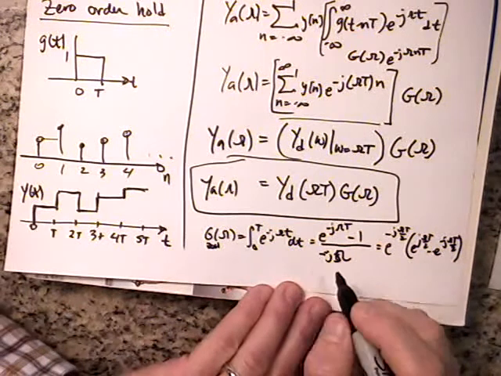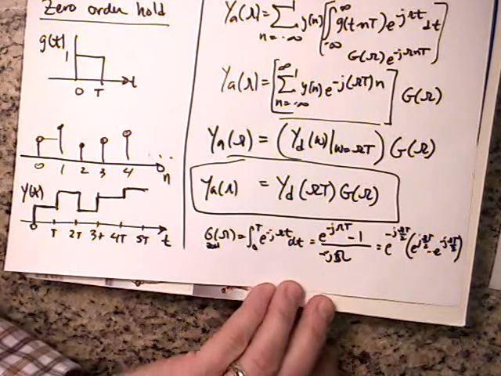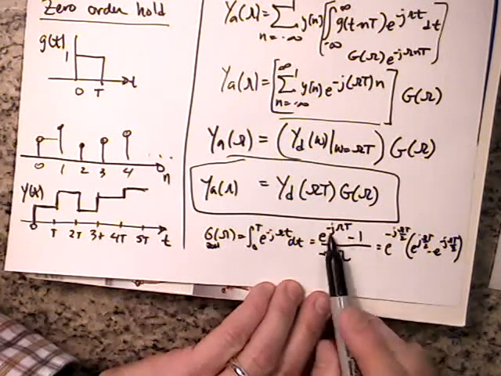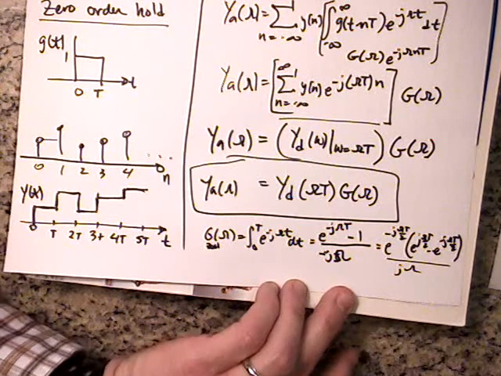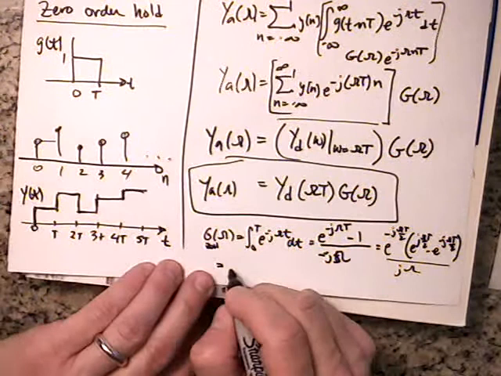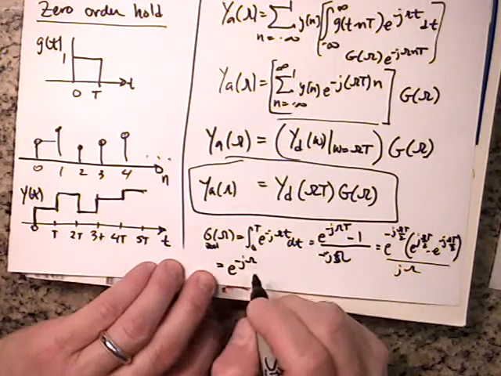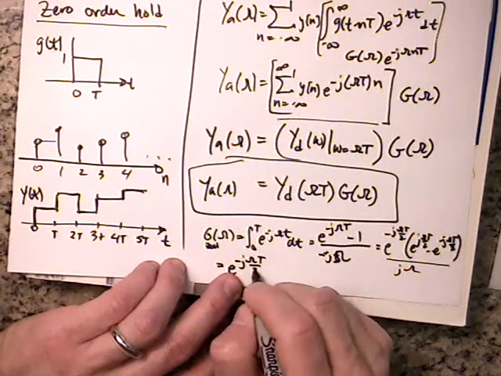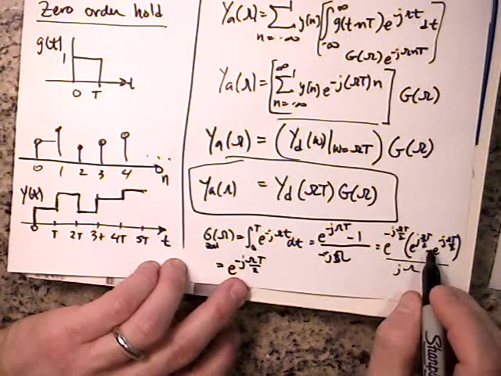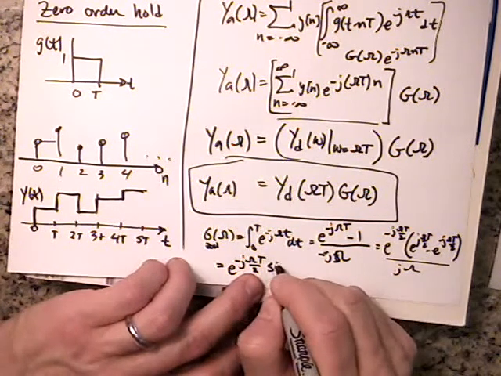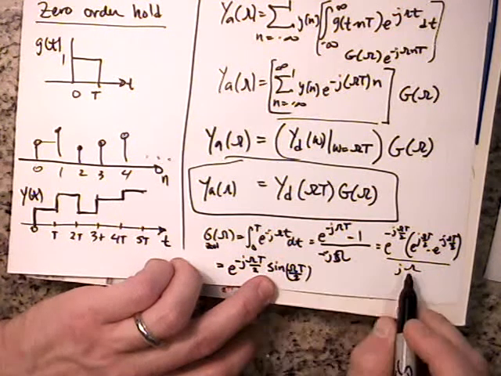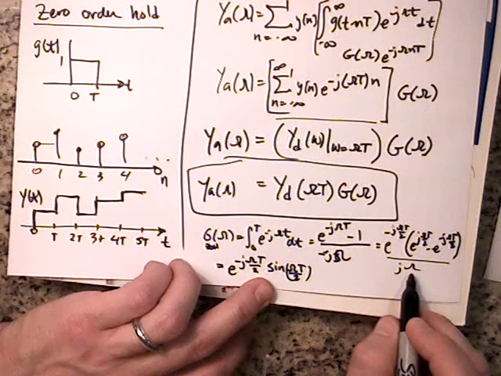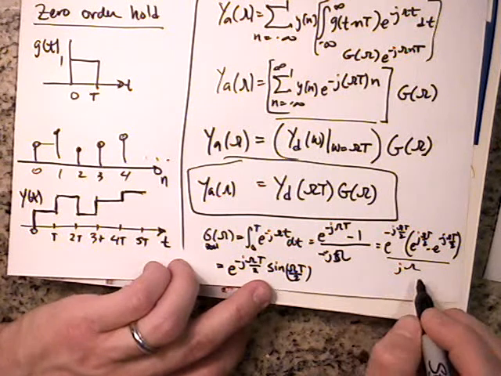I've taken this minus sign and moved it to the numerator so I could switch the order here. It's divided by j omega. So now this is equal to e to the minus j omega T over 2 times 2j sine omega T over 2, divided by omega.